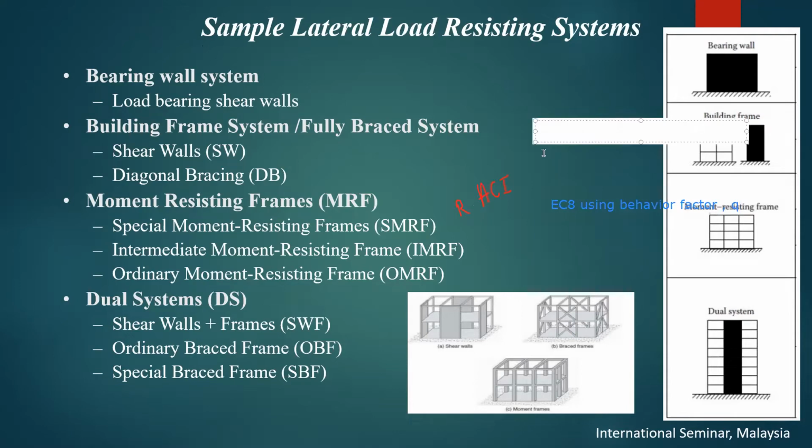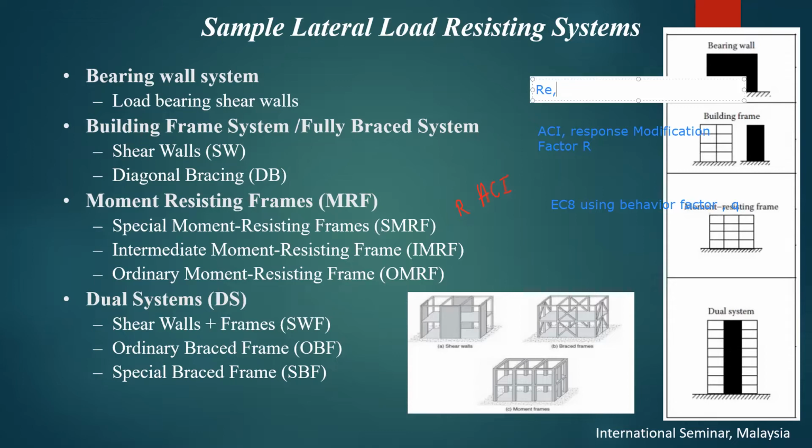As I said, the ACI code uses response modification factor R, and both of them are related to ductility level. This one is based on the connectivity between beam and column connections, to be special for earthquakes, intermediate, or normal, ordinary.